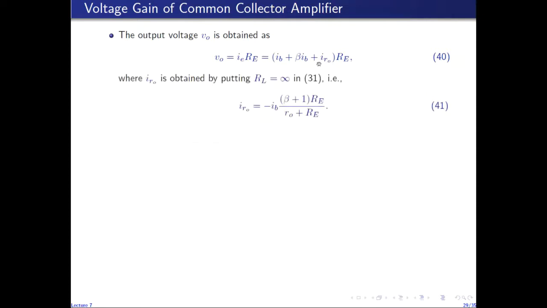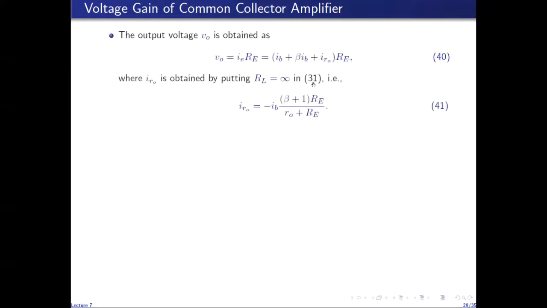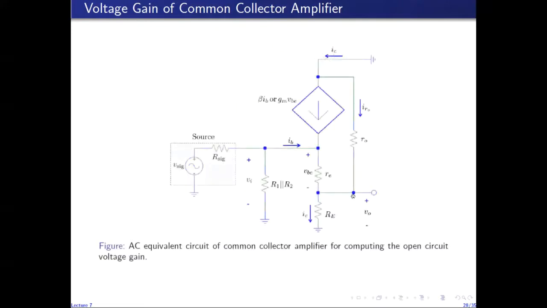We've already computed IR naught back in equation 31. The only difference between the circuit we used to compute IR naught in 31 and this circuit is that RL is infinity. So if in the actual circuit I put RL equal to infinity, I get this circuit.